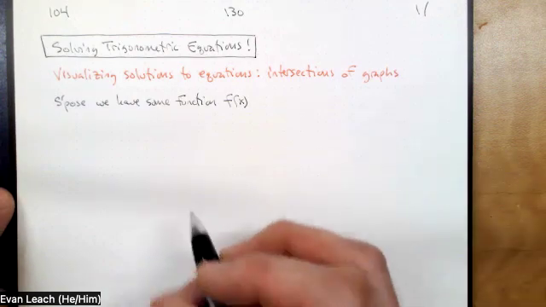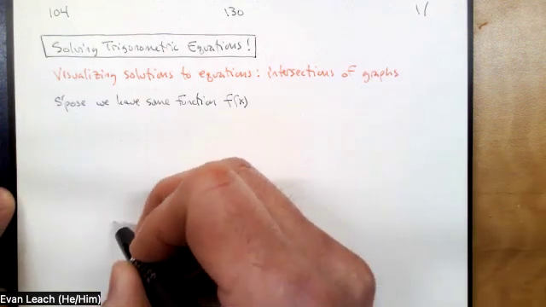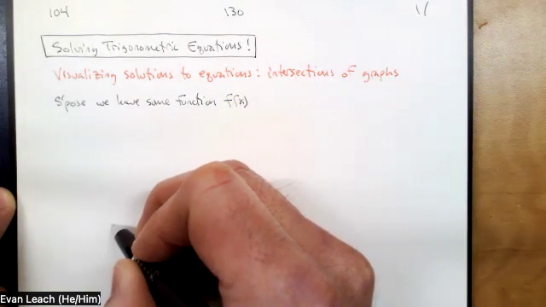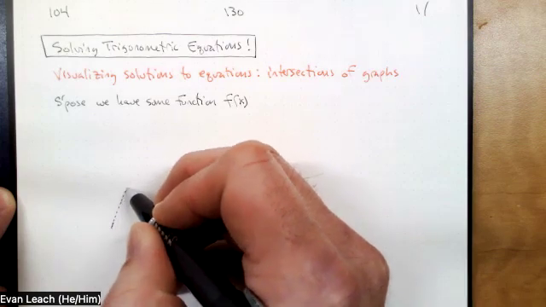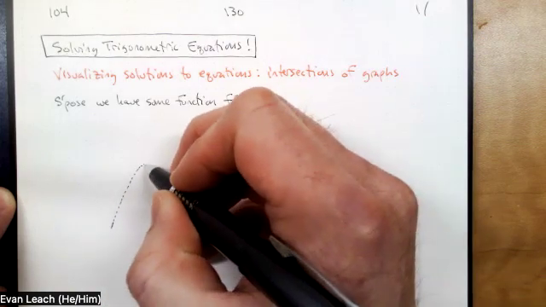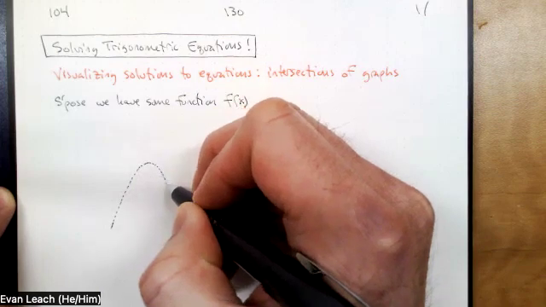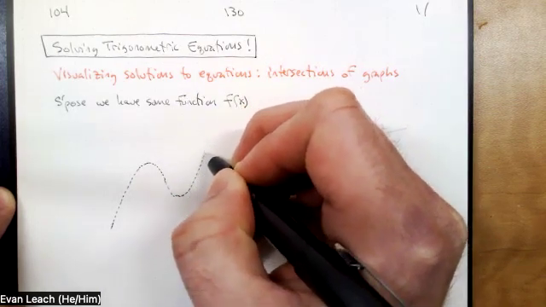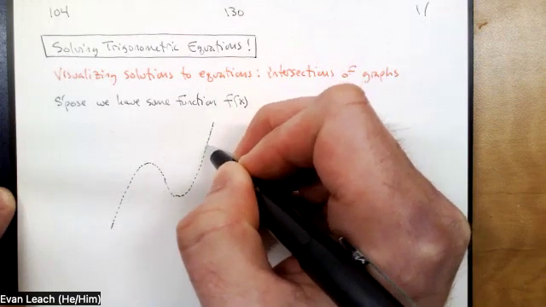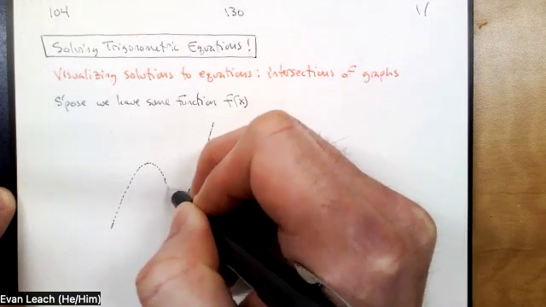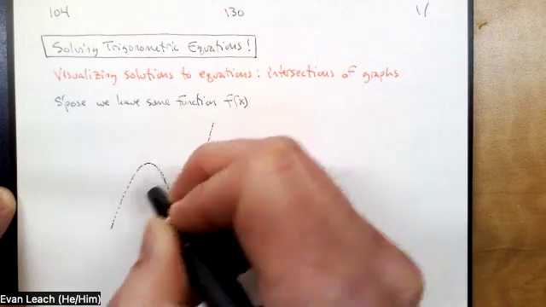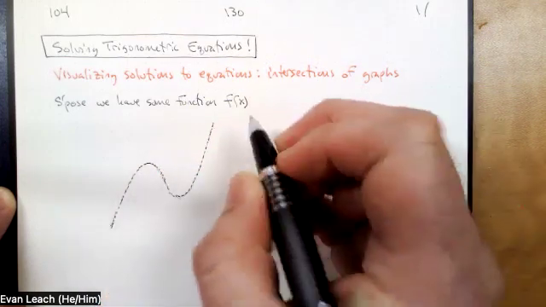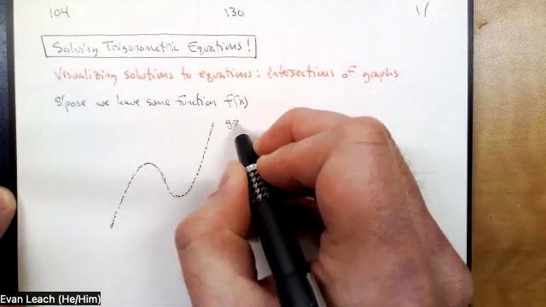So let's suppose we have some function f of x. We want to think about solutions to equations as intersections of graphs. Let's suppose that this is the graph of f of x.